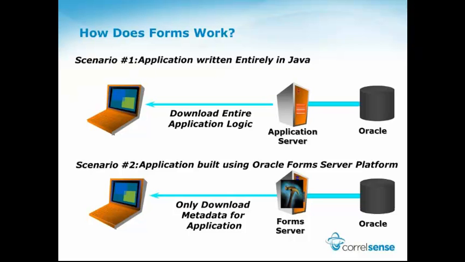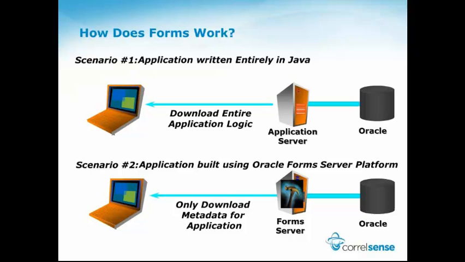What the Oracle Forms server platform has done, which is actually very interesting, is they run the business logic of the application on the server, and the only thing that is downloaded to the client are basically messages, metadata, of how to draw the application. Meaning, what's on the client side is a Java applet that basically is a drawer. It's a paintbrush. It is told messages from the server, what items to draw on the screen.